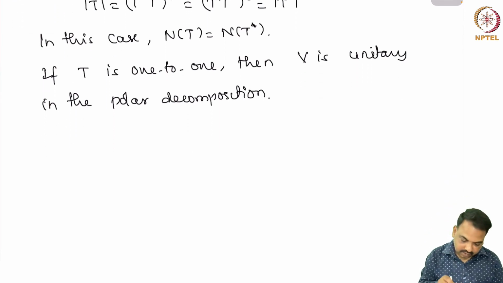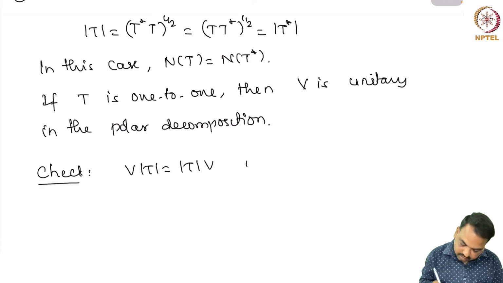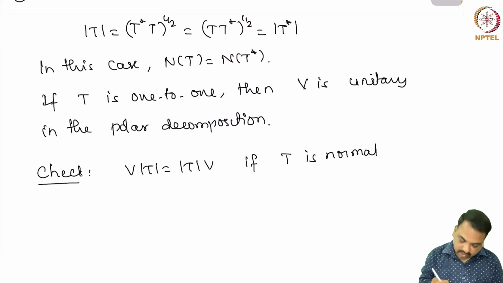So in this case, when T is normal, you can easily check that V commutes with mod T. If T is normal. Not only that, we can also check that V is also normal.